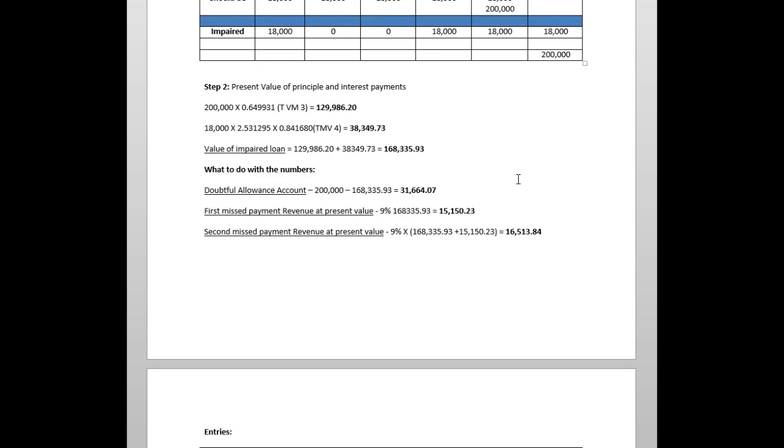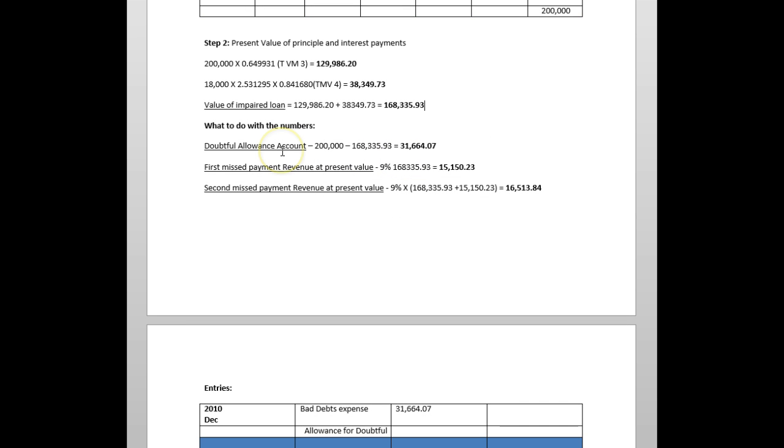That's the number you're going to play with. Now, my guess is here, you've got 200,000, you've got 168,000. The difference between that is going to be the amount of money you give up at present value for these two interest payments. That becomes your doubtful allowance account.